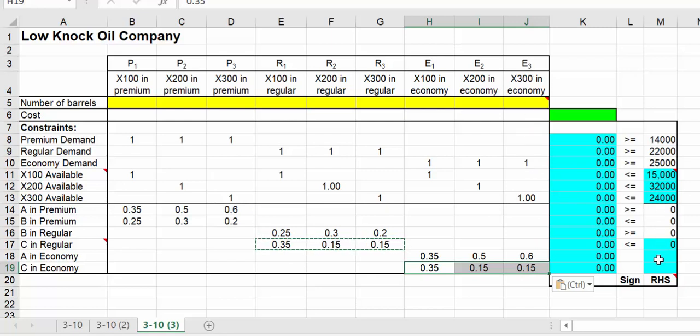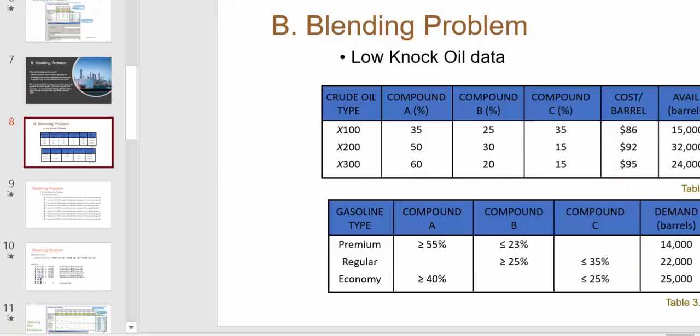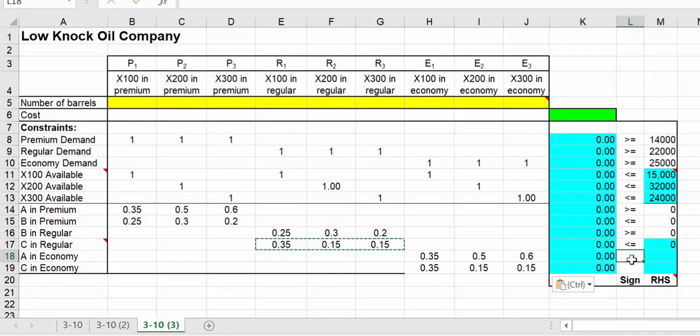Now let's take a look at the constraint for A in the economy. A in the economy has to be greater than or equal to 40%. So that would be greater than or equal to 40% of what we produce for economy, which is right here, multiplied by what we produce.